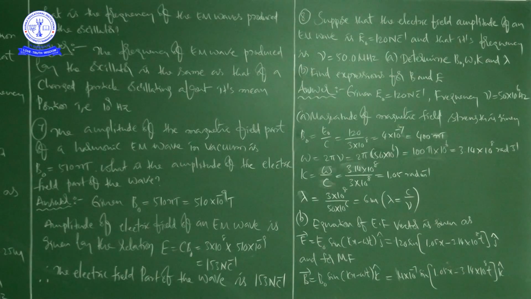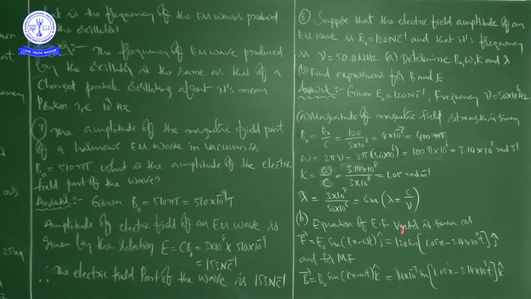An electromagnetic wave consists of an oscillating electric field and magnetic field perpendicular to each other and also perpendicular to the direction of propagation of the wave. That's why all are mutually perpendicular to each other.